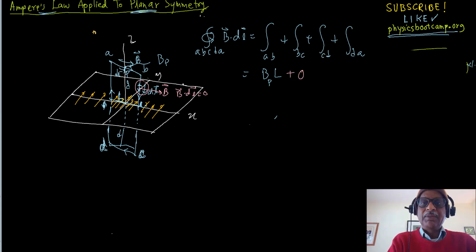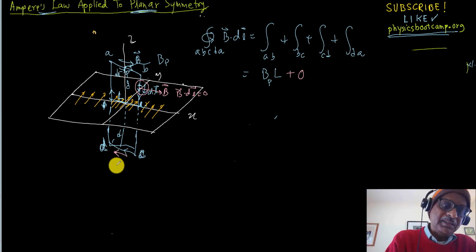And then all the way it's going to all be 0. Then from C to D, we know that B in this goes in that direction, and dl, the direction I'm going, is in the same direction.